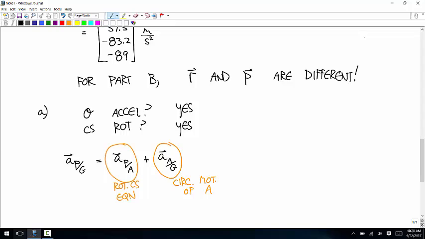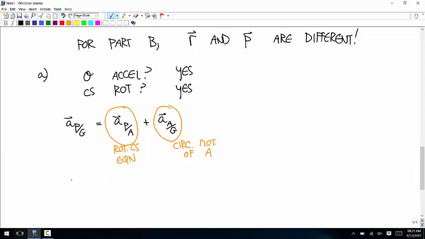But terms are going to change. I think the only thing that's going to change is that our P vector is going to change. And then the differences that are made by changing that P vector are going to be made up for in this relative motion. So, okay, let's first calculate the acceleration of A relative to G.